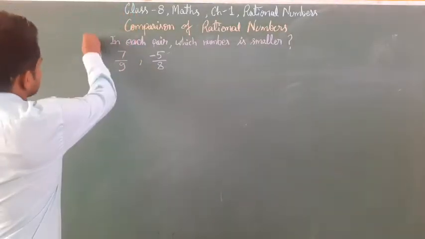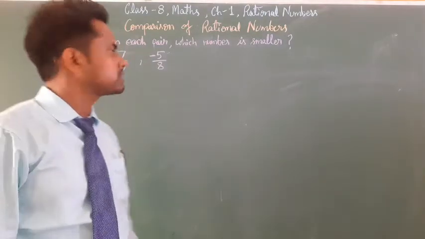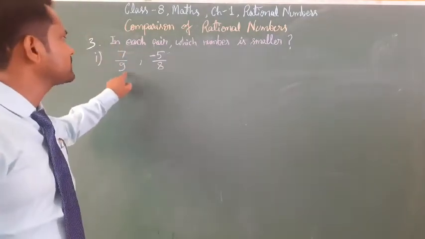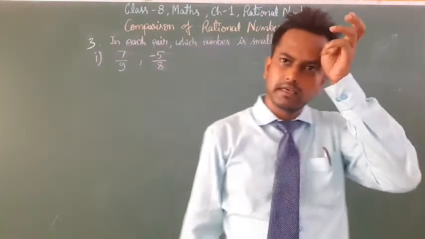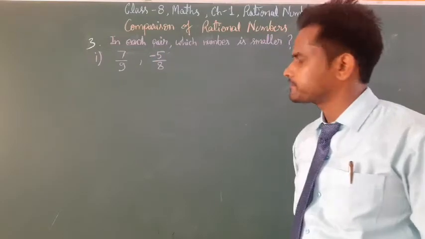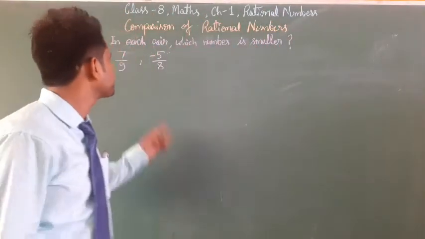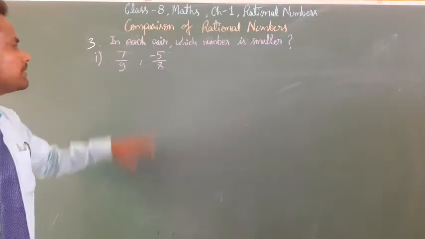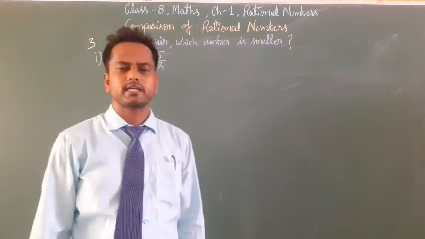Now question number 3. In each pair which number is smaller? 7 by 9, comma, minus 5 by 8. In this question you have to tell which rational number is smaller. Got it? So you know very well, a positive rational number is always greater than a negative rational number.